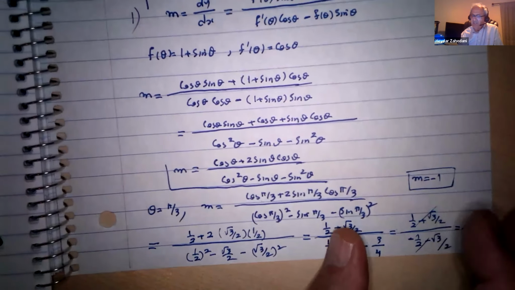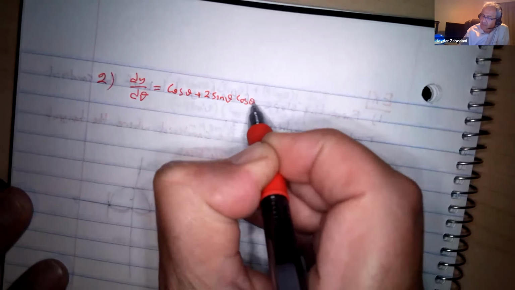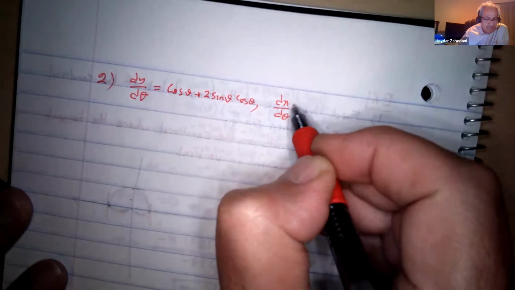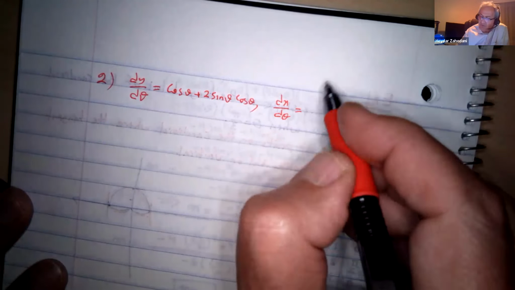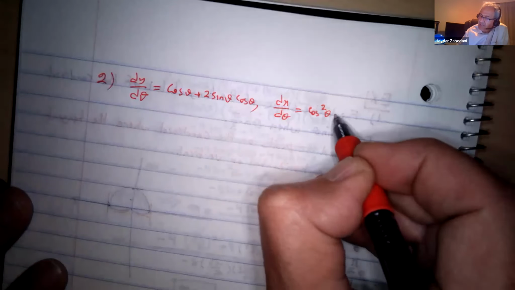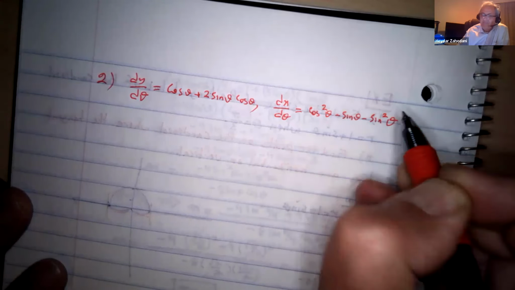So I'm going to bring them here. dy/dθ is equal to cosine θ plus 2 sine θ cosine θ, and dx/dθ is the denominator, which is cosine squared θ minus sine squared θ.